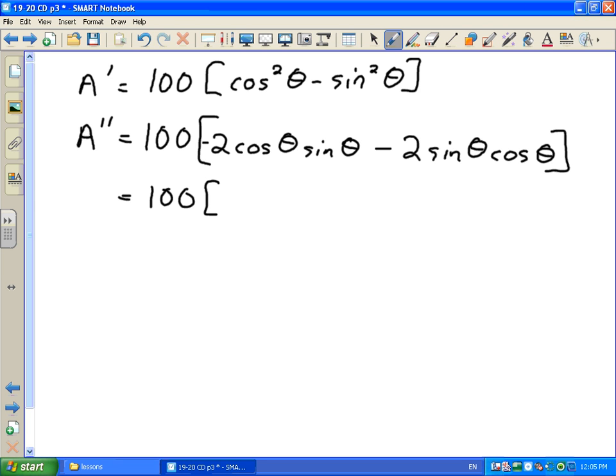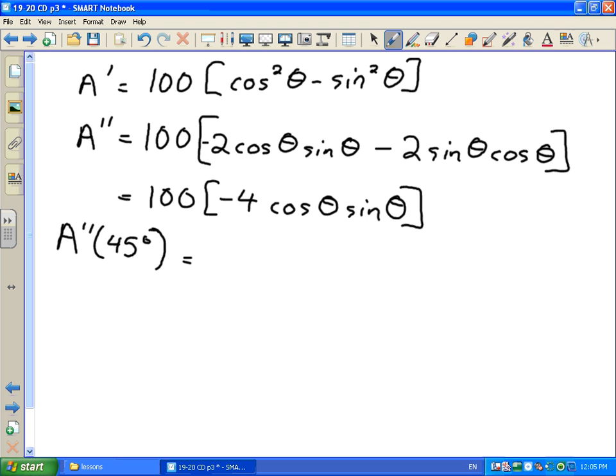We can simplify this, because those are the same thing. So negative 2 cos theta sine theta minus the same again is going to be negative 4 cos theta sine theta. And this is where the fact that we're dealing with a 45-degree angle comes in handy. Because if we evaluate this at 45 degrees, we know from that special triangle that cosine theta and sine theta are going to be the same.